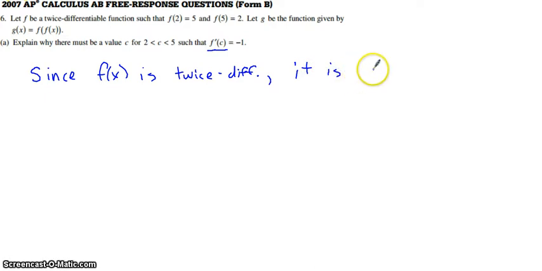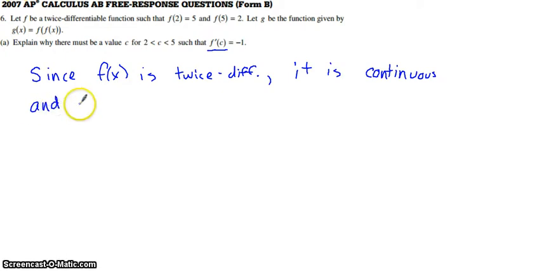If the second derivative exists everywhere, the first derivative has to exist everywhere. And if the first derivative exists everywhere, you know your function's continuous. We had a little theorem that said that. So since our function is twice differentiable, it has to be differentiable everywhere, and since it's differentiable everywhere, it's also continuous everywhere by default. So it is continuous and differentiable.